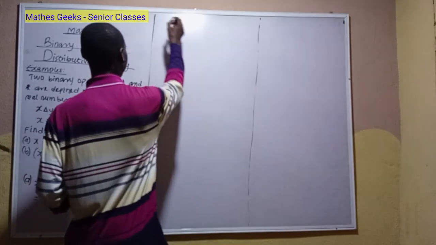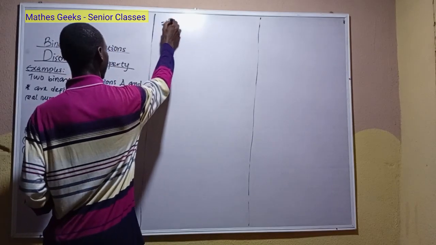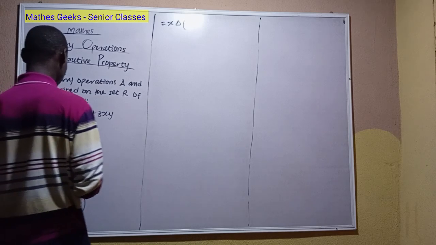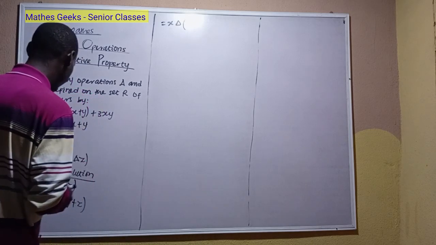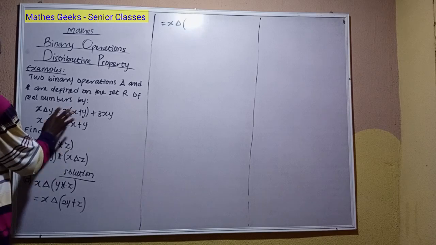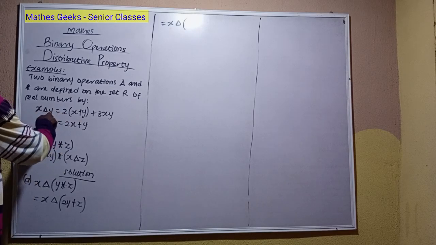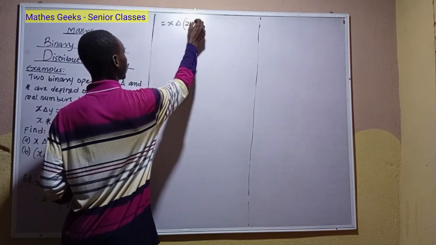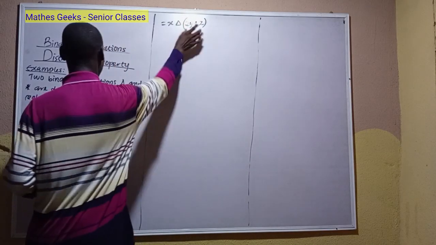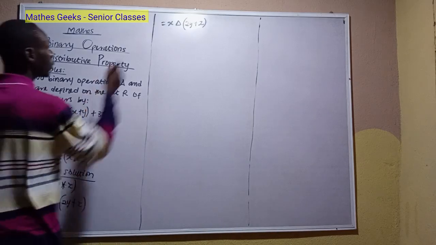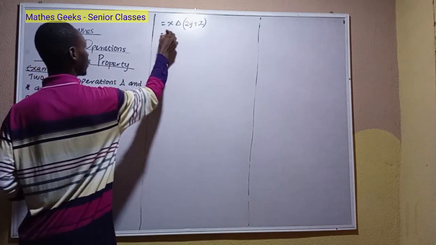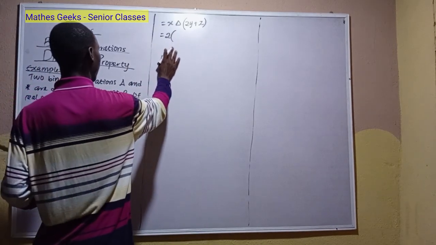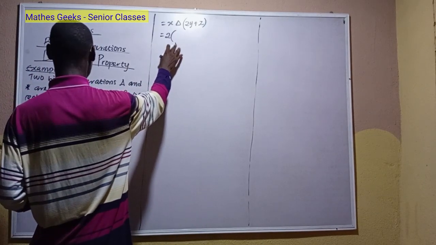So equal to x star, so 2y plus z. In our equation here, x star y is 2x plus y.